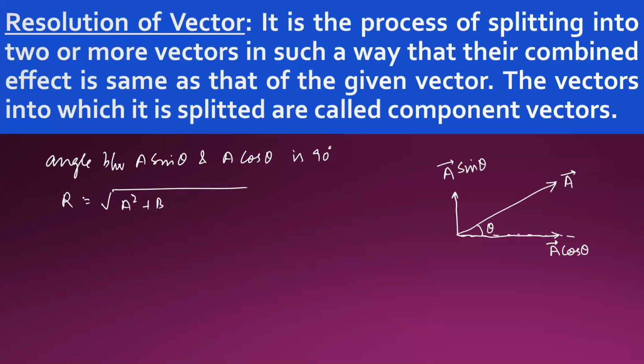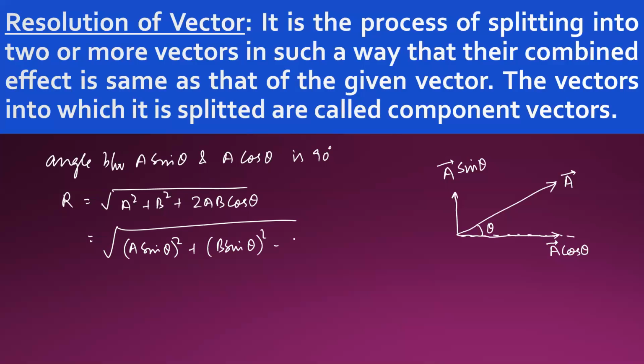R is equal to under root of A square plus B square plus 2AB cos theta. Instead of A, I am going to write A sin theta whole square plus A cos theta whole square plus 2 times A cos theta into A sin theta into cos of the angle, which is 90 degrees.